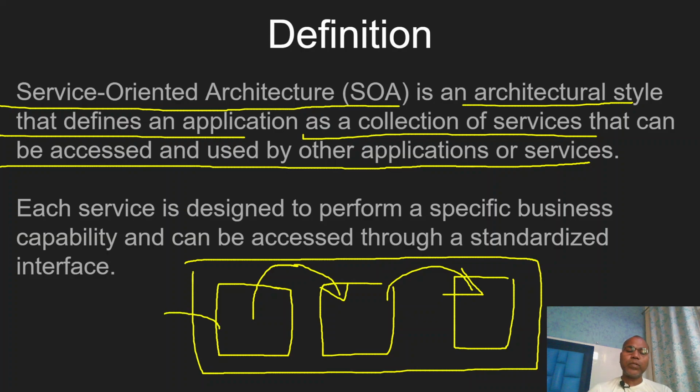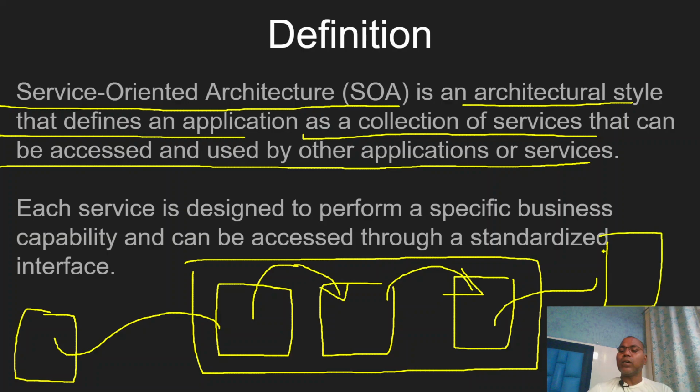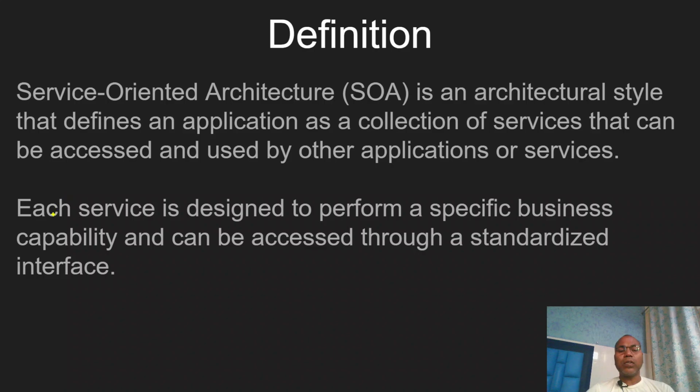These services might communicate with another application, or this application may communicate with a third party application. When one service needs data or a message from another service, they talk to each other. Sometimes our exposed services are also used by other services in the same application or in another application. The objective is that each service is designed in such a way to perform a specific business capability.